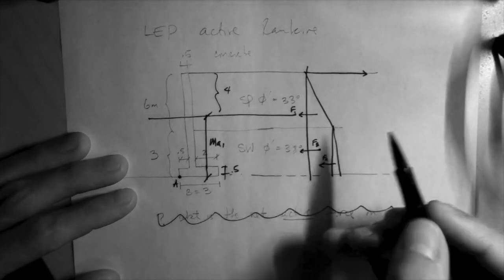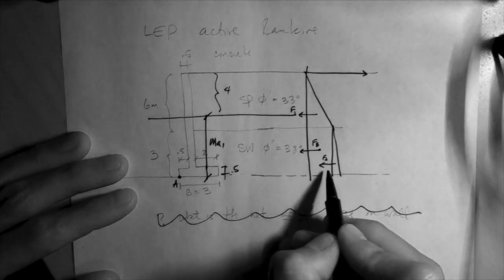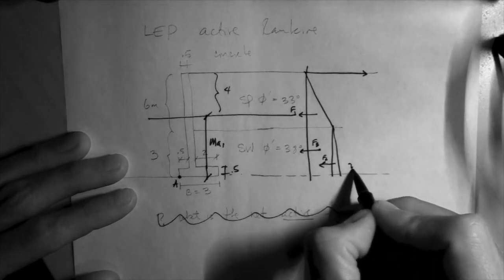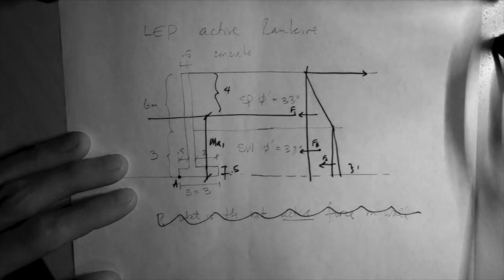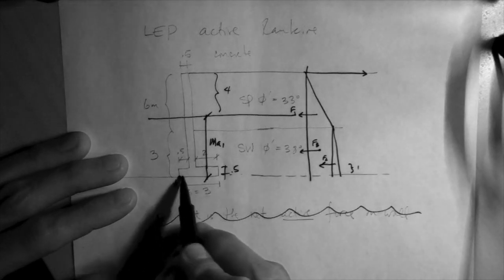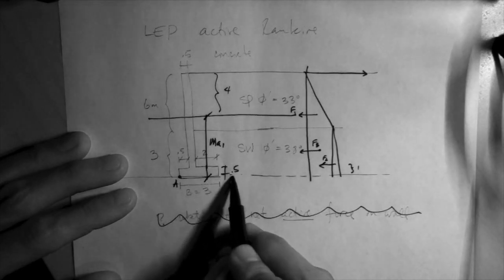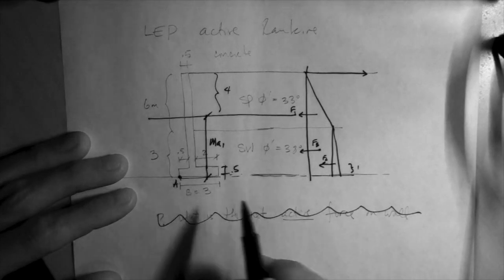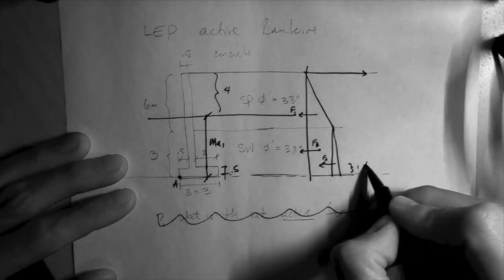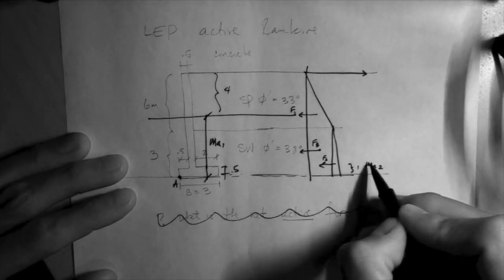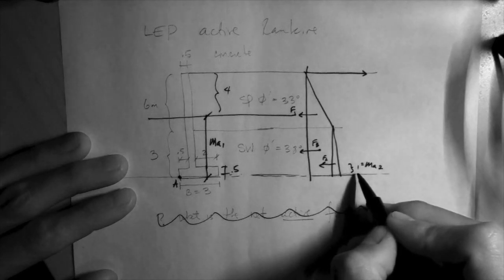That's for force 1. Moment arm 2 acts 1 meter from the point, from the projection of the line on which the point is lying. So moment arm 2 is 1 meter.